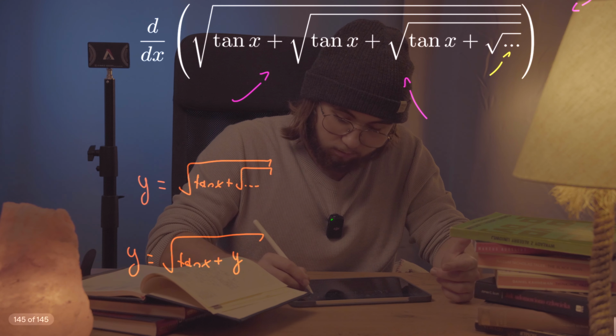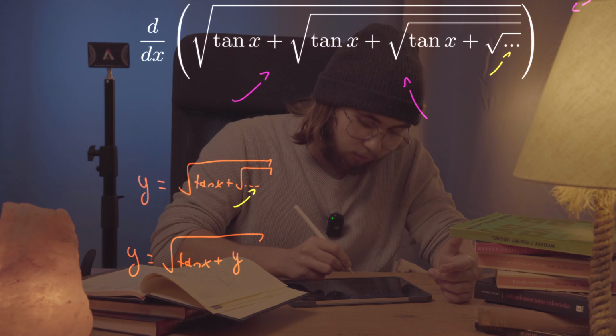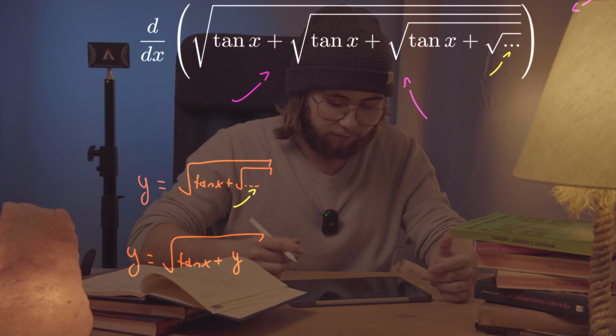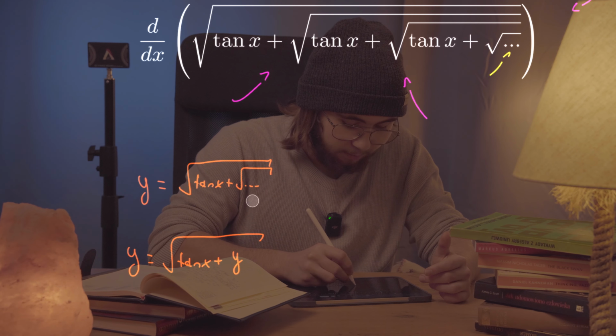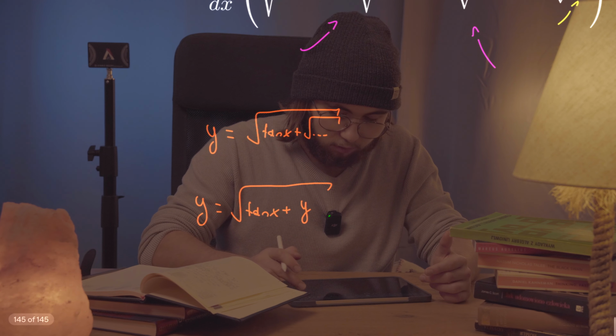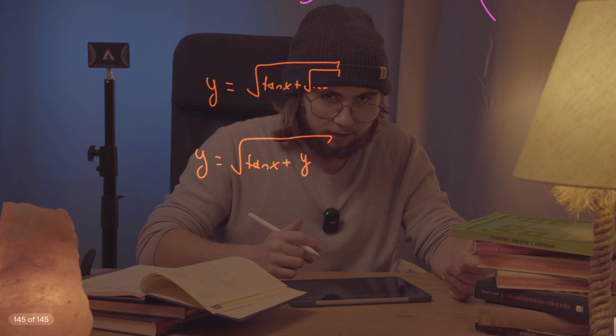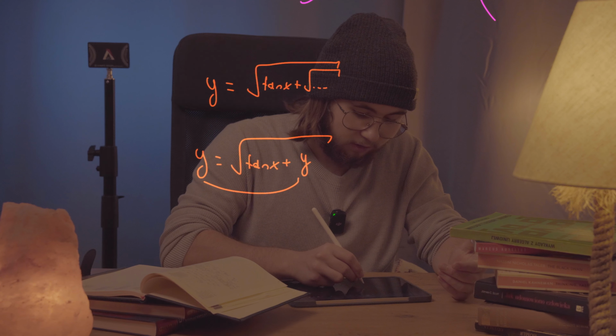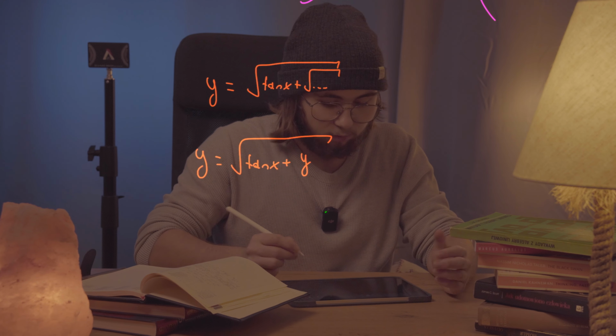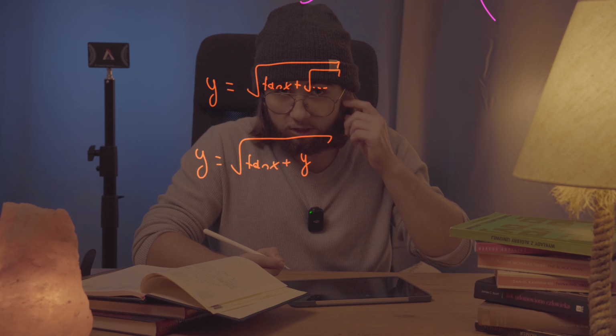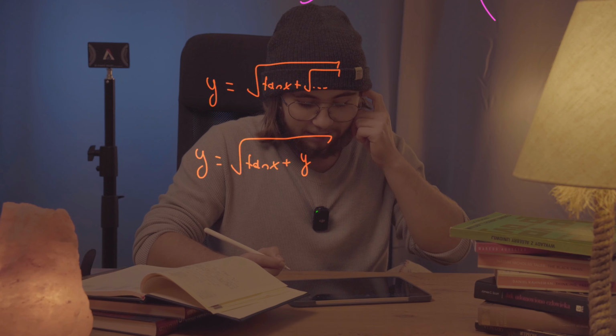Awesome, because this is also just the square root of tangent plus tangent all the way up to infinity. That's lovely, because now what we can do is square both sides, take this y to the left-hand side, do some differentiation, and hopefully isolate the derivative in the very end.